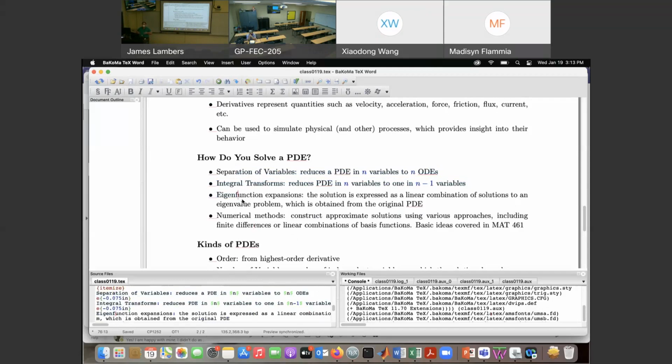If you just have an arbitrary PDE, well, here's an example. The kind of PDEs we'll deal with for separation of variables are ones that have constant coefficients. Well, what if those coefficients are not constant? Like say they're functions of x or functions of t. Then this cannot be applied. And generally the recourse in that case is to use numerical methods.